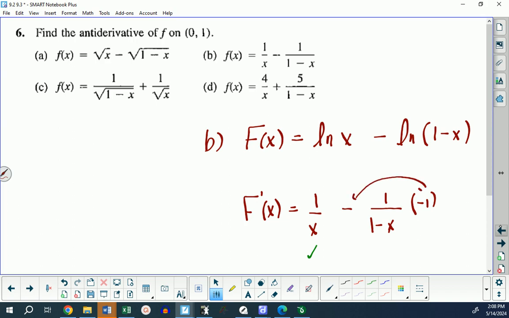Uh-oh. That's going to change it to a positive, and I don't want it to be a positive. I want it to be a negative. Well, that's okay if I do this. That reverse engineering is taking its role here. If I put a plus there, then everything does work out and I will get the negative, which is what I wanted.